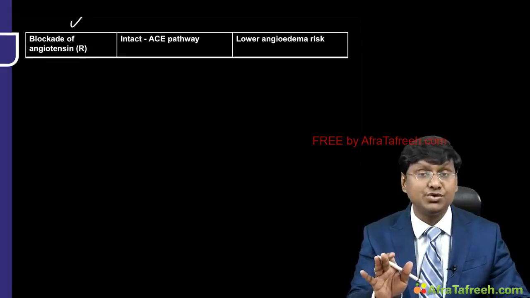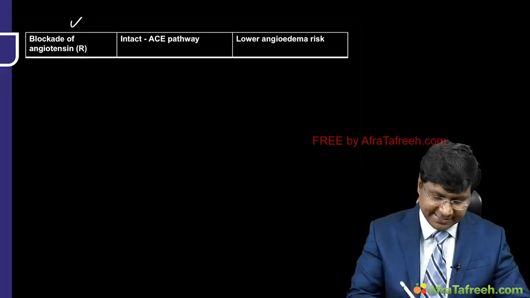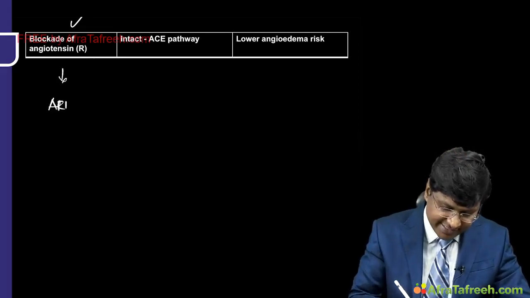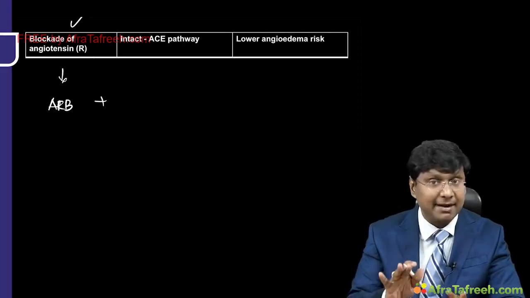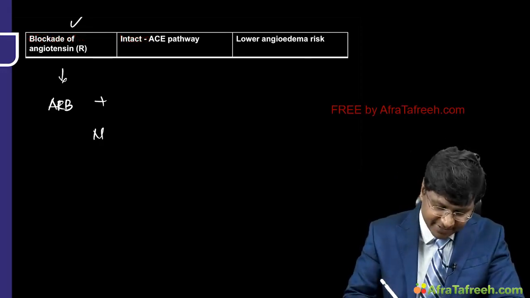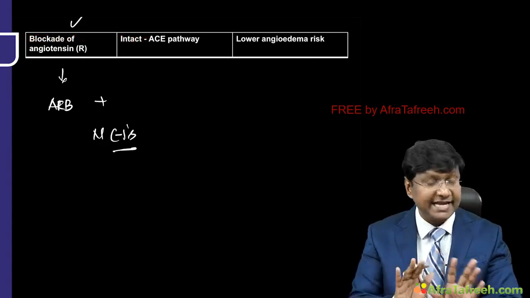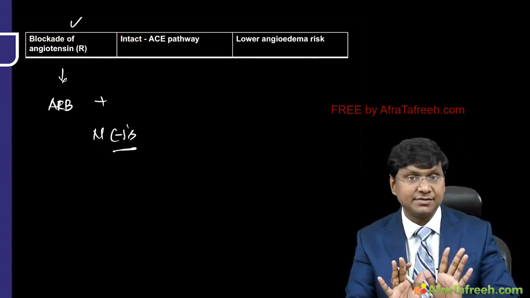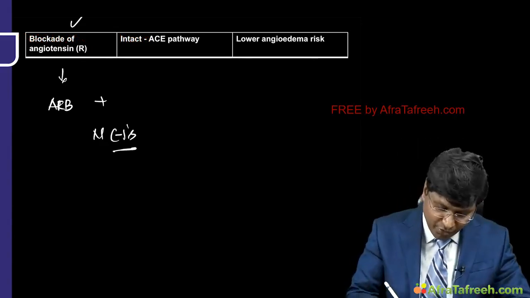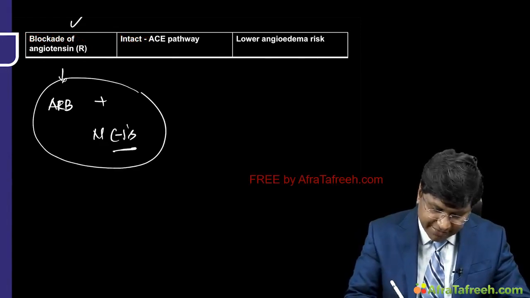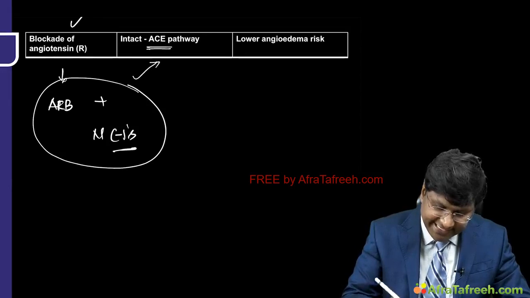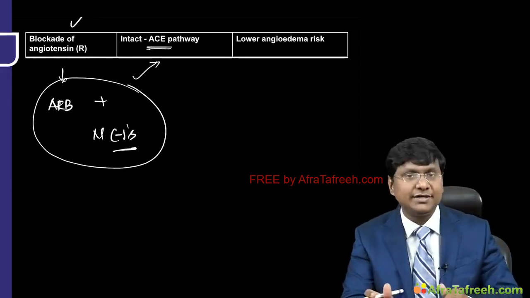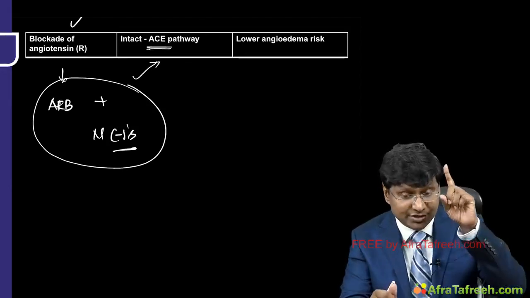Angiotensin receptor blockers can be combined with neprilysin inhibitors. When you combine an angiotensin receptor blocker with a neprilysin inhibitor, the ACE pathway is intact, because your angiotensin receptor blocker will block angiotensin 2.